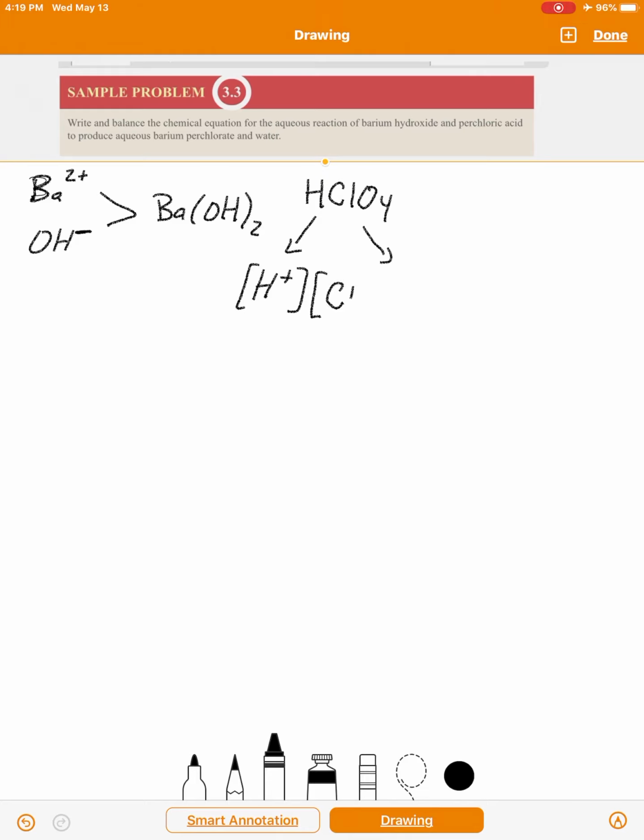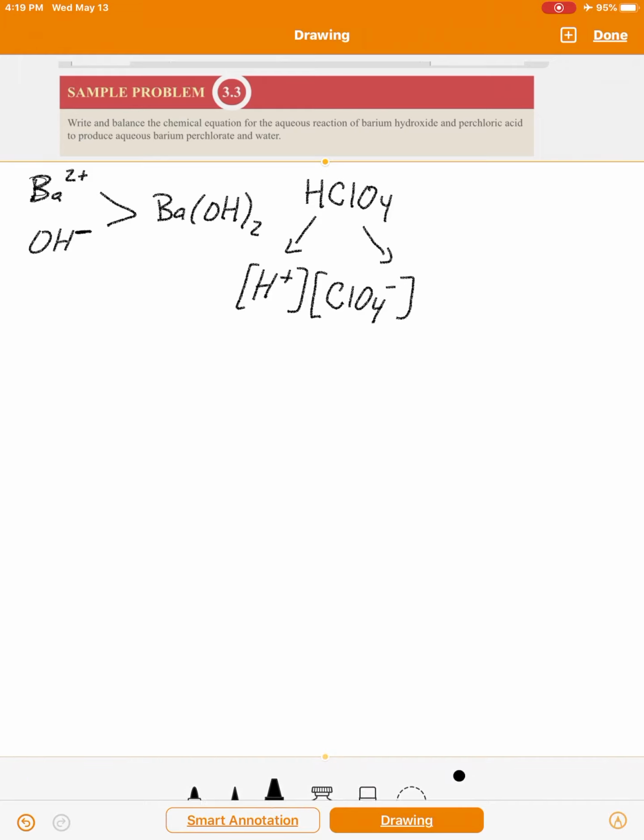So H plus ClO4 minus. Almost like thinking of it as an ionic compound. Acids are generally thought of as molecular compounds, but in a sense, they have something in common with ionic compounds. The H is a plus and the nonmetal is a negative. So there's our perchloric acid.